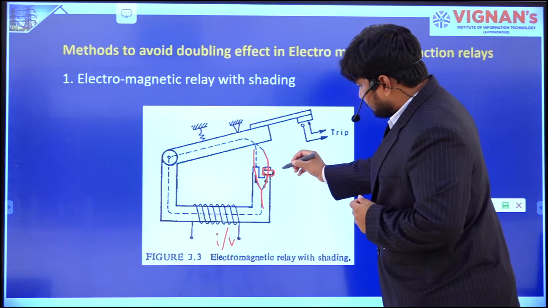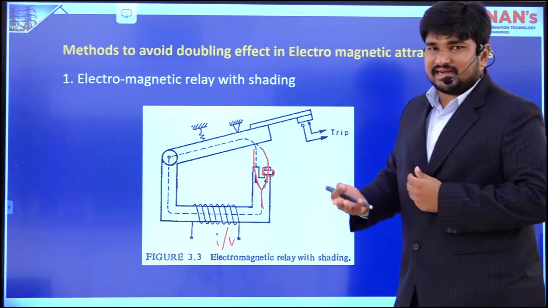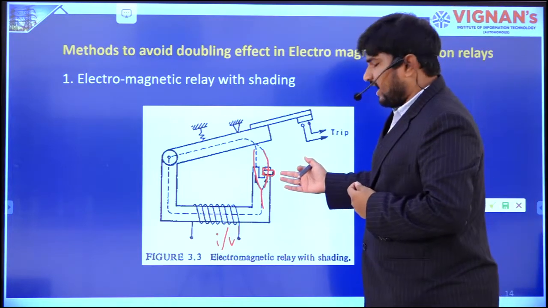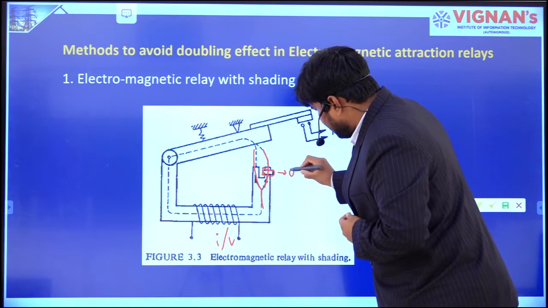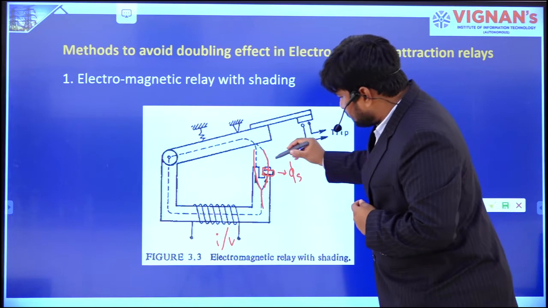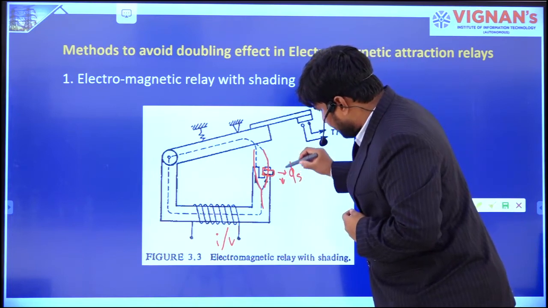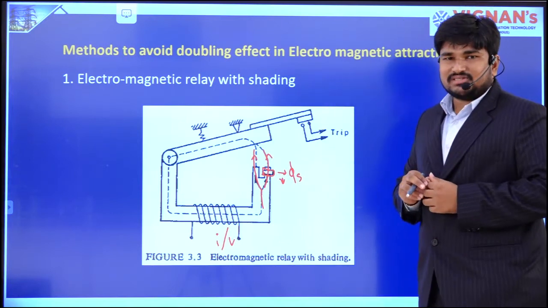According to Lenz's law, the effect opposes the cause. So the flux generated by the shading ring, Fs, will be opposite to the main field flux, like this.